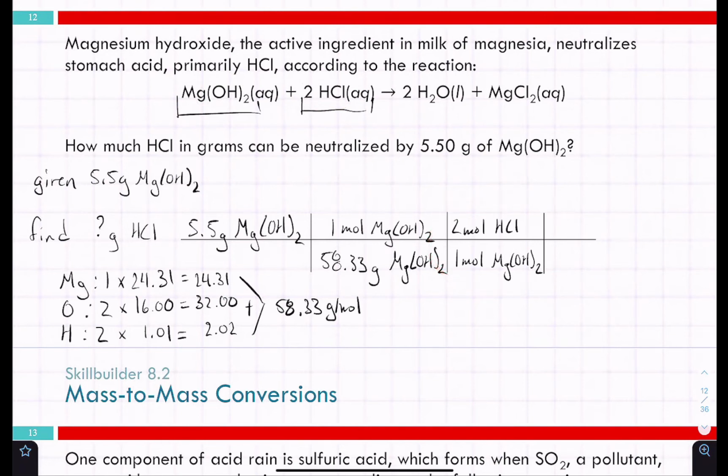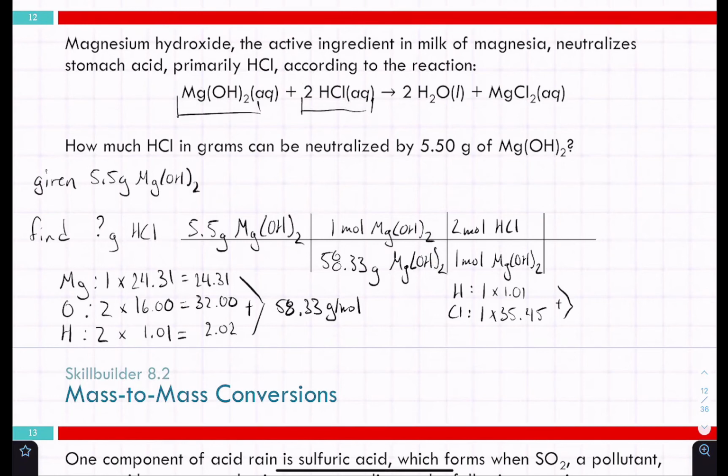So now we need the molar mass of hydrochloric acid. So hydrogen, chlorine, and we just have 1 hydrogen and 1 chlorine. Hydrogen is again 1.01, chlorine is 35.45. Double check that, yep.